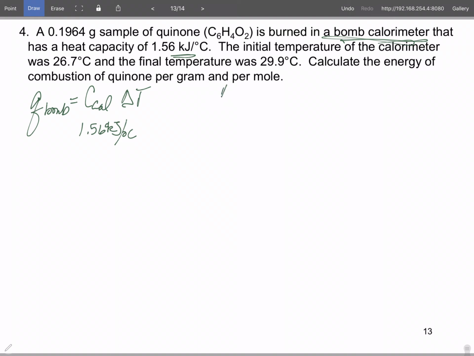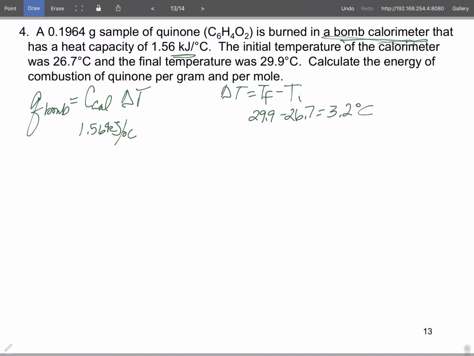All right, so delta T, remember, is T final minus T initial. So the final temperature was 29.9. The initial temperature was 26.7. That means our delta comes out equal to 3.2 degrees C. All right. So the question that's asked is calculate the energy of combustion of quinone per gram and per mole.